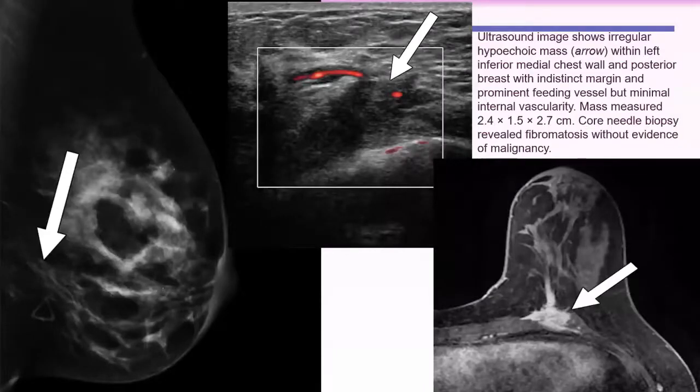And in this case, the lesion looks the same as the focal fibrosis, but has a characteristic appearance, projecting posteriorly in the breast over the pectoralis. What does it signify?